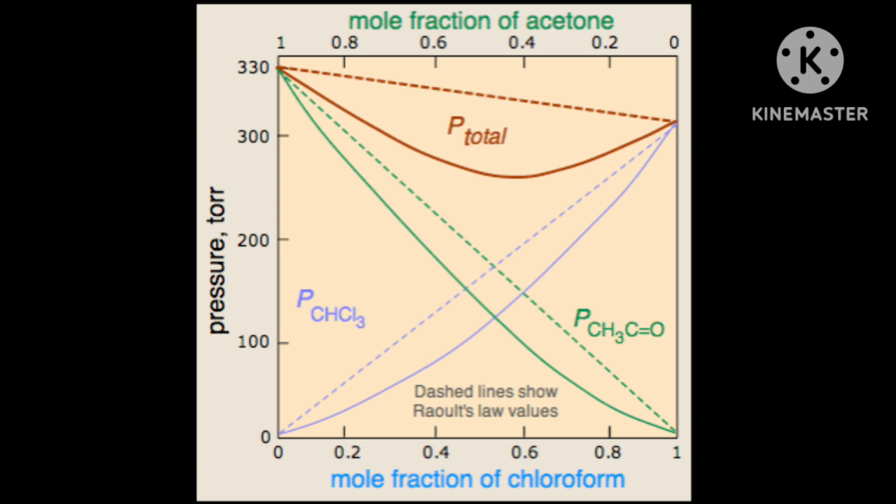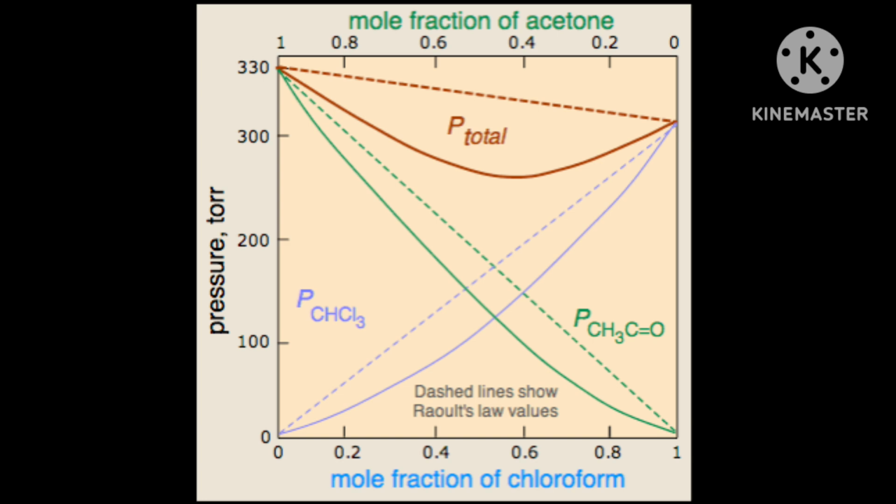This is the first property: if the solution is ideal, then after mixing two pure components to form a solution, delta H should be 0. And now suppose you have mixed 10 ml plus 10 ml, then it should be 20 ml only.